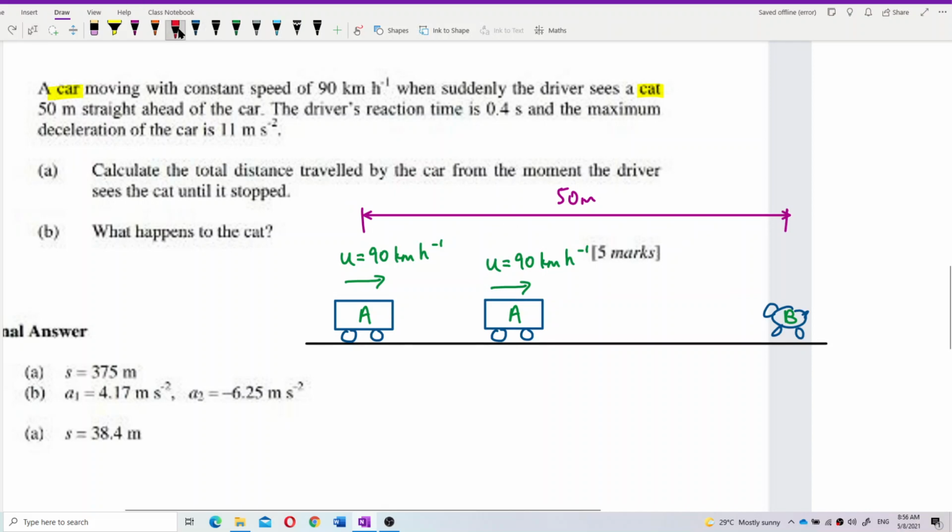Over here it starts to decelerate, which is okay, because we know that this car decelerates. The initial speed is going to the right.